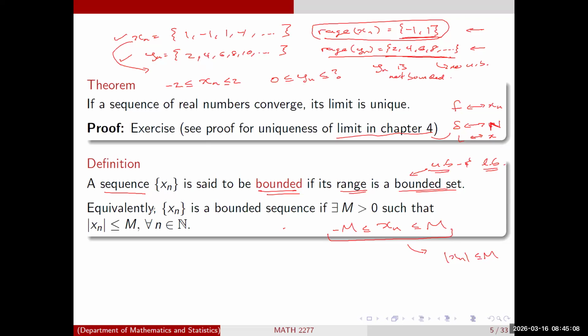That is what this is saying. Equivalently, xn is said to be a bounded sequence if there exists some positive number m such that the magnitude of all these terms is less than or equal to m.